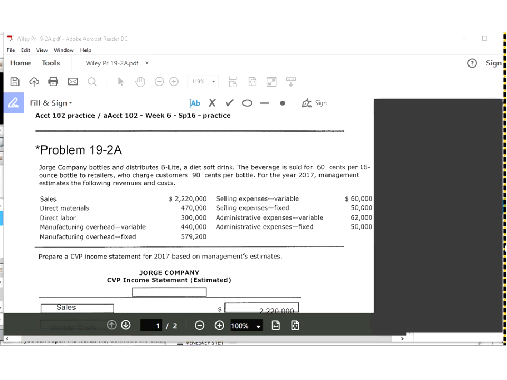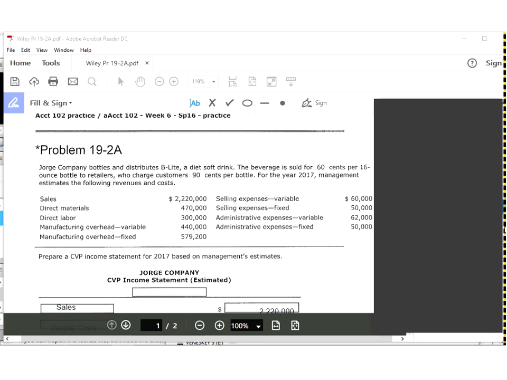Let's make it real easy. Let's say I sold $100 worth, and they cost $2 a piece. You would say, well, if you sold $100 worth at $2 a piece, that means you sold 50 items. And all you did is take 100 and divide it by the cost per item. 100 divided by 2 is 50. We're going to do the same thing here.